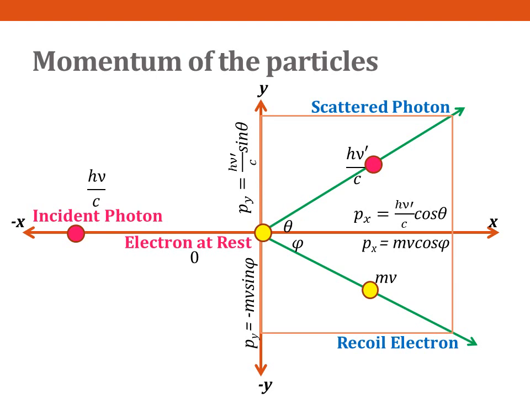For the recoil electron, the momentum is mv. The x component of the momentum for this recoil electron is mv cos phi and the corresponding y component is minus mv sin phi, phi being the recoil angle of the recoil electron.